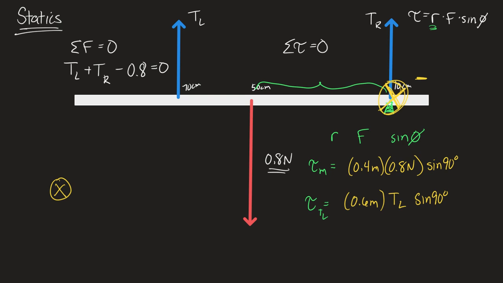For the first torque arm, I point my finger towards the torque arm, and then I roll my wrist until my middle finger is pointed in the direction of the force. It looks like the first one is out of the board, right? It's trying to make the meter stick go that way. So that's positive.